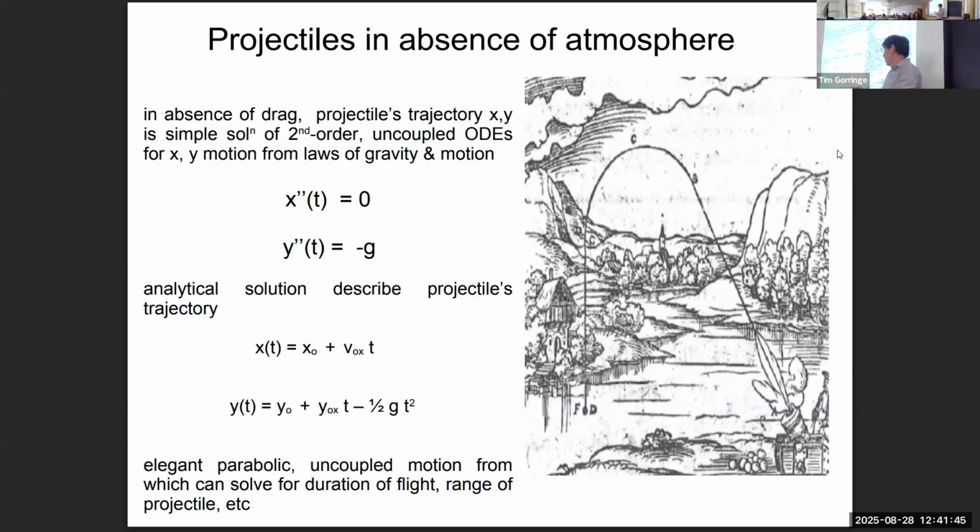And these are the equations for that parabolic motion. If you want to solve, for example, for the range of the projectile or the duration of the flight, knowing the position that you release the projectile and the velocity that you release it with, you can use these general solutions to the differential equations describing the projectile motion and solve for your flight time or your projectile range.